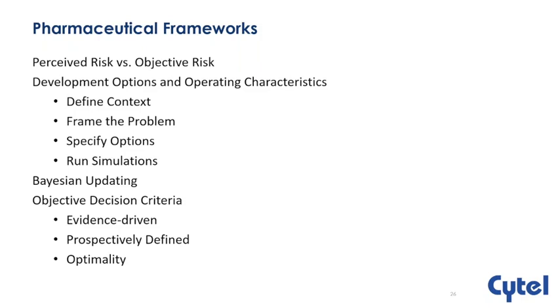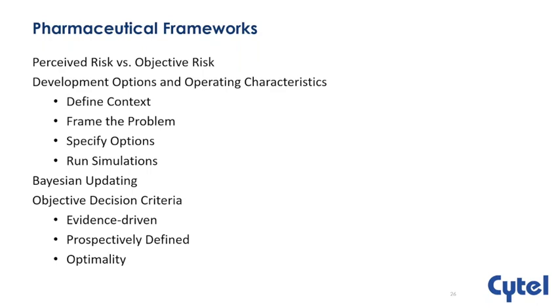So once you frame the problem and you know what you're doing and how you're measuring things, then you should be specifying options, and these options should include one traditional design and a couple of completely different innovative approaches. And then you need to quantify that, and the best way to quantify that is really just to run simulations and get quantitative output for every scenario that you're considering. How do you measure?